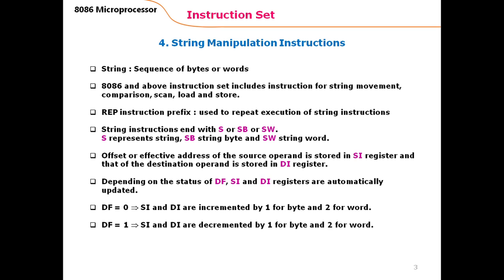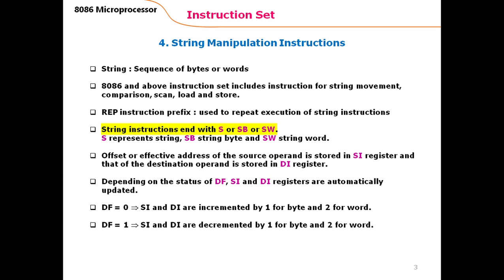So MOVS is a string manipulation instruction. And additional letters, for example B and W, are used to operate on a string of bytes or a string of words. This happens in the 8086 microprocessor.